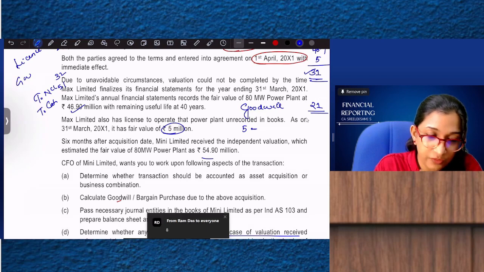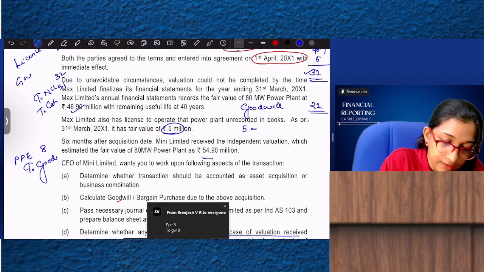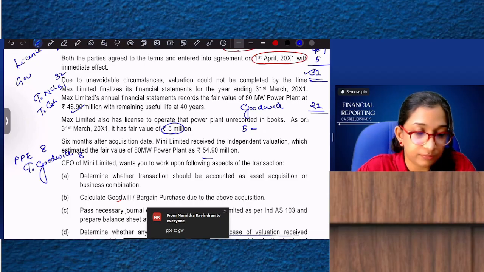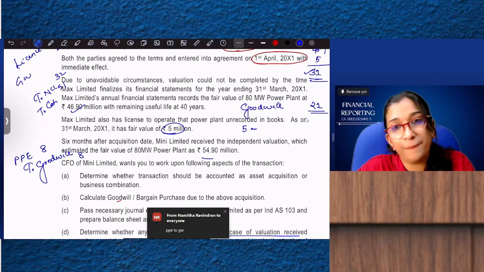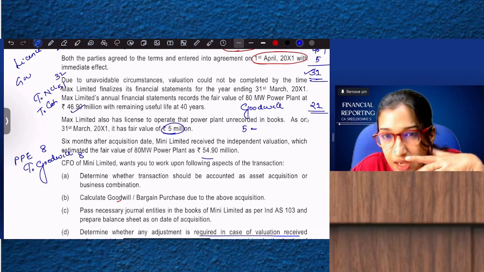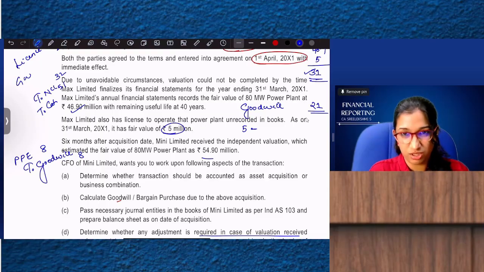So the journal entry is PPE 8 to goodwill. Subsequently, goodwill will reduce. And in the answer they have also passed a journal entry for depreciation.